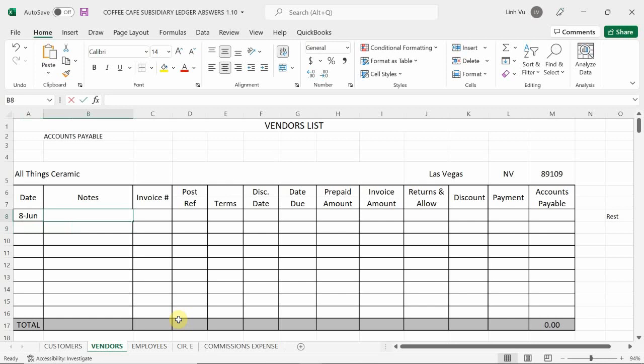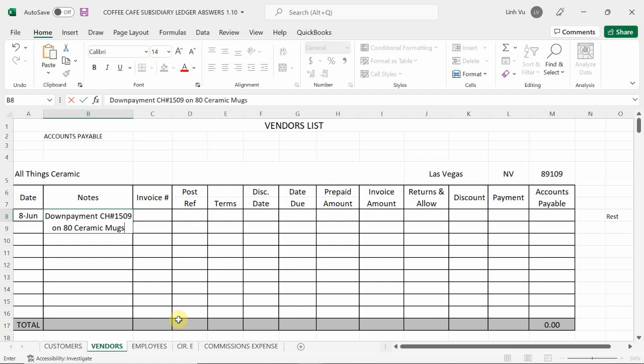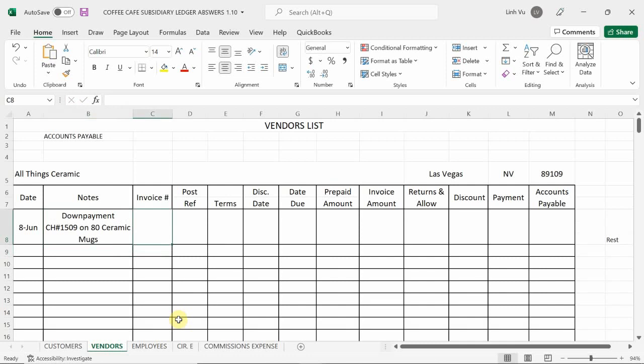My notes here is I had to pay a down payment, and I used check number 1509 on 80 ceramic mugs. Okay. What was the invoice? It was the purchase order number 17305. Okay. Post reference, General Journal 3. In this case, I haven't received my bill yet, but I do want to say that so I could skip the next 3. So again, this is a prepaid account.